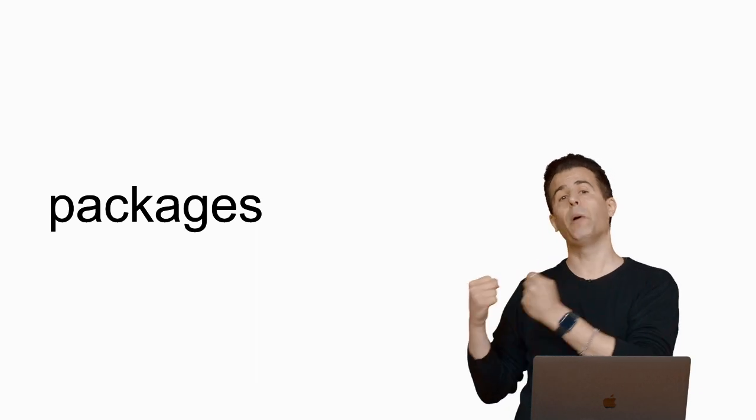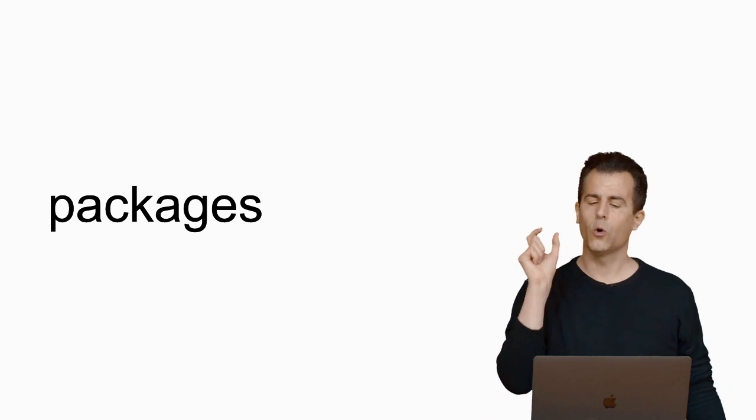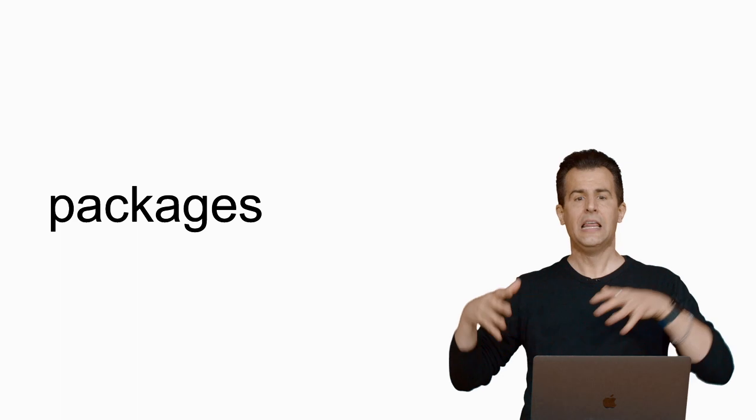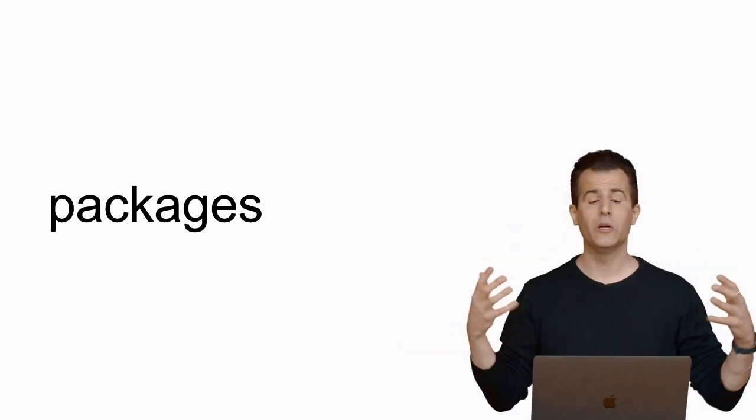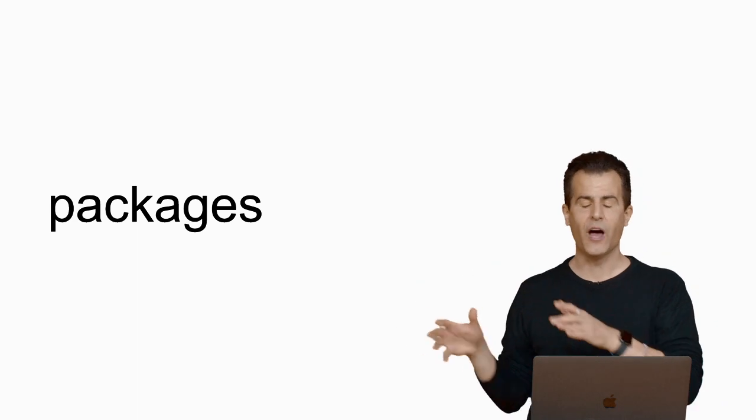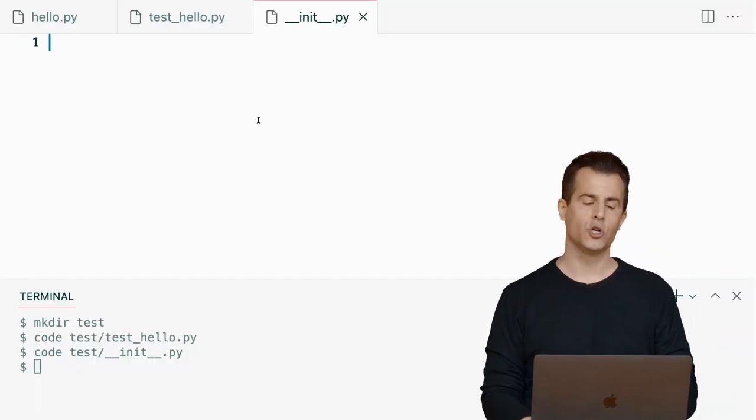A package is a Python module or multiple modules that are organized inside of a folder. And this file, __init__.py, is just a visual indicator to Python that indeed it should treat that folder as a package. If I had more code in this folder, I could do even more things with this file. But for now, it's just a clue that it's indeed meant to be a package and not just a module or file alone.